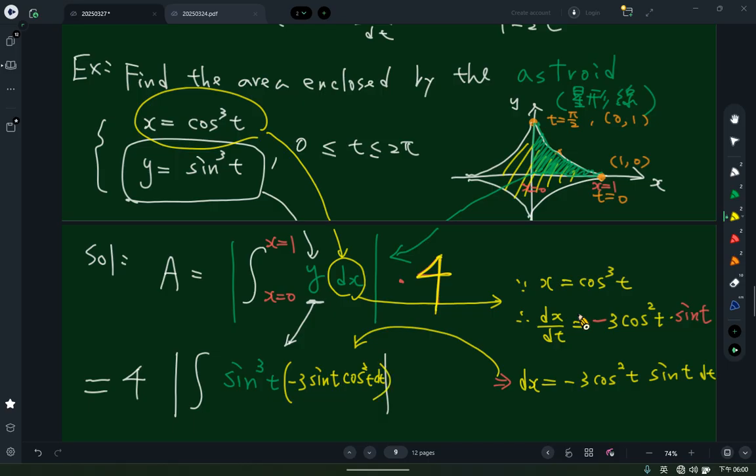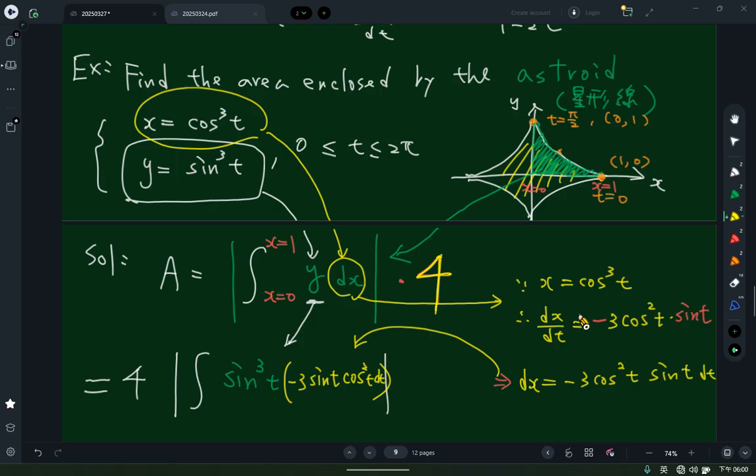So you can notice that the integral will convert to an expression in t only, right? Sine t to the 3 times sine t, and also cosine square t, then dt.